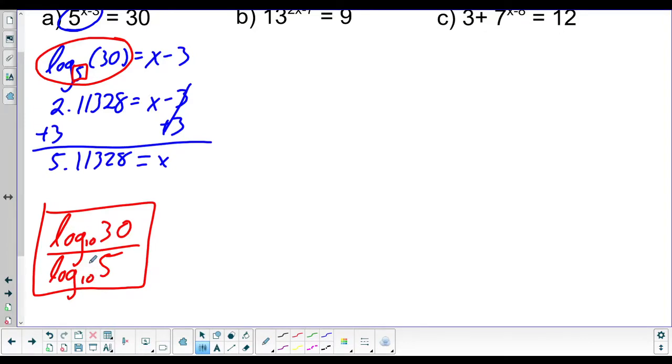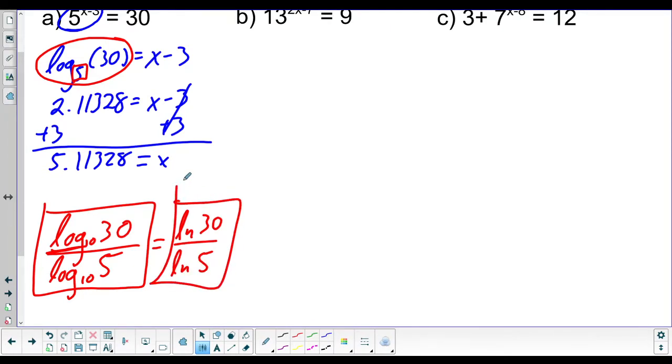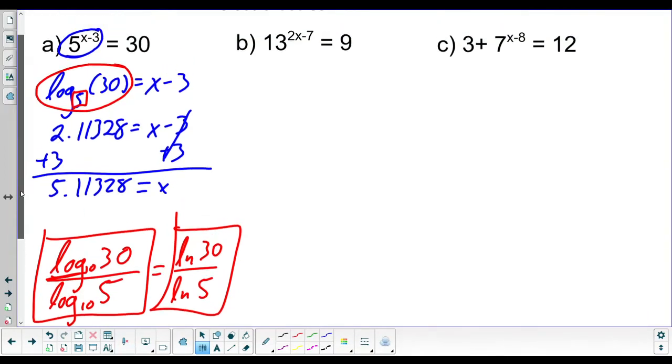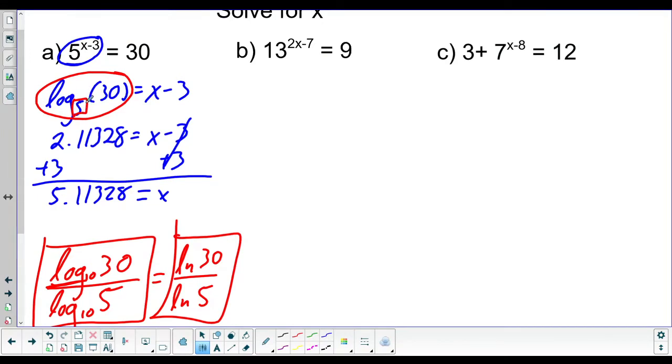That's just what the log button is. Fun fact, if you don't have the log button on the face of your calculator, if you do the natural log of 30 over the natural log of 5, this will also give you the same answer. That way you don't have to go searching for stuff. But if you're lucky enough to have the log button that lets you type in the base, use that. It's probably the most straightforward and hardest to mess up.